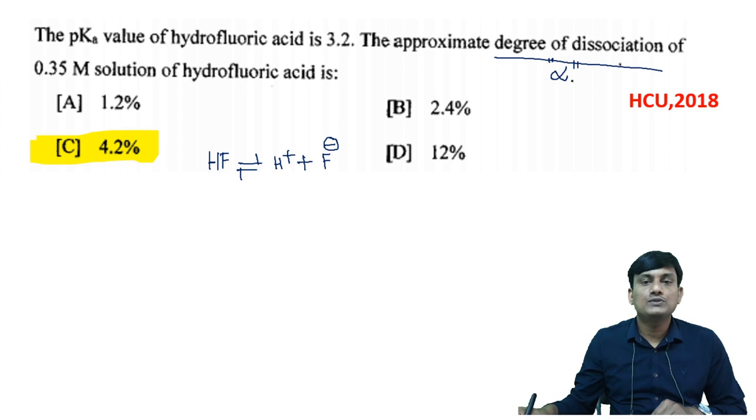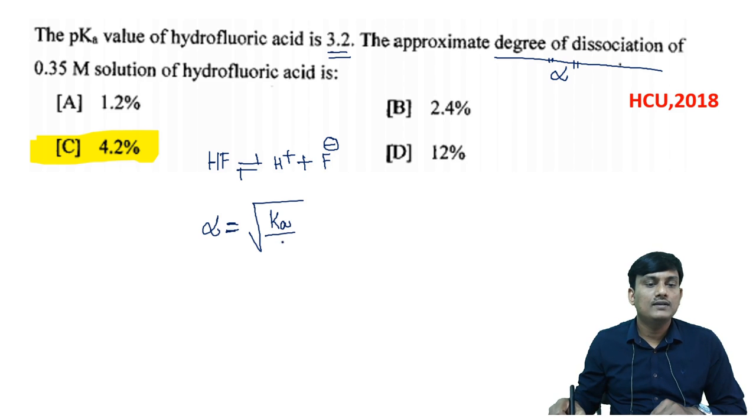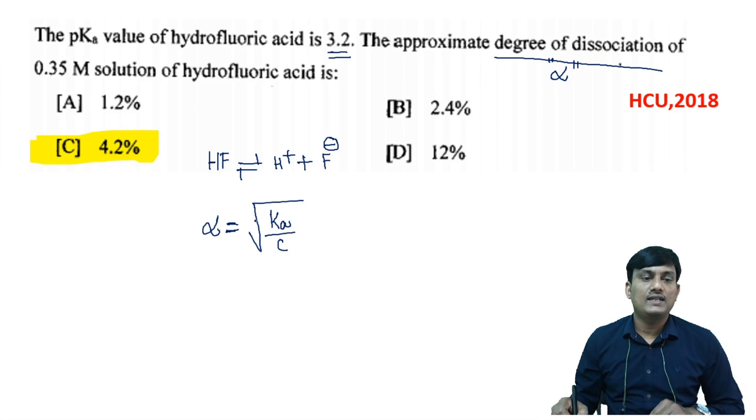You have to find the alpha value. Here pK is given and also the concentration of HF is given. We know the relation between alpha, Ka and C: alpha is equal to root over Ka by C for weak electrolytes.